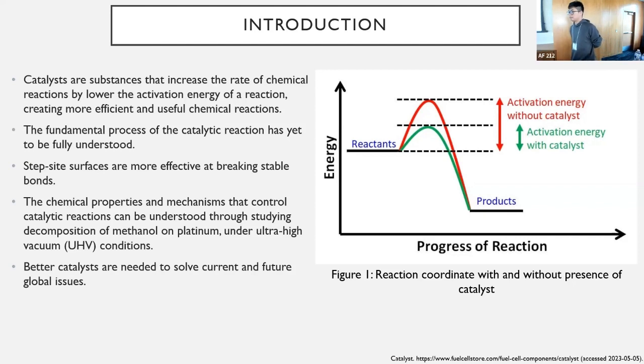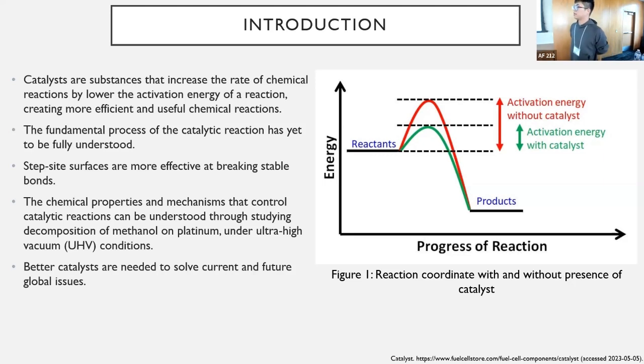But as important as catalysts are, we do not fully understand the fundamental process of catalytic reactions. Take for example, we know that step-site surfaces generally are more effective in breaking down strong, stable bonds.